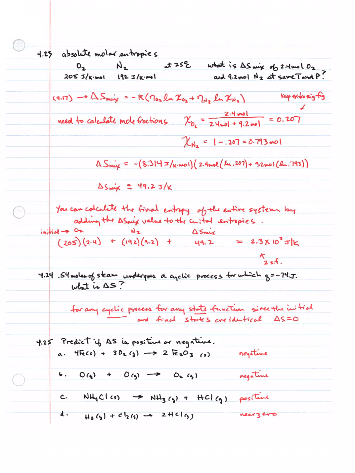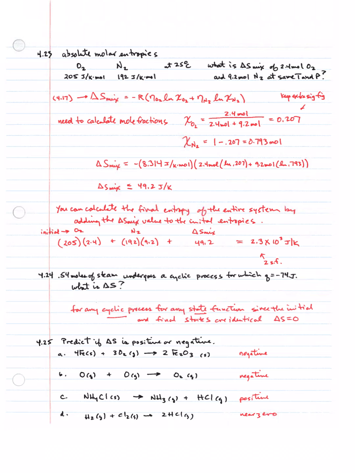So in 423, we're doing a problem that considers an absolute molar entropy being used as the foundation to calculate a delta S of mixing, and then ultimately what's the absolute entropy for the mixture. You could look up in your appendix the absolute molar entropy for lots of substances. Here we have molecular oxygen and molecular nitrogen at 25 degrees Celsius.